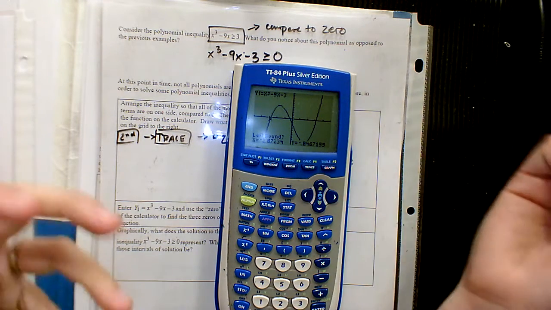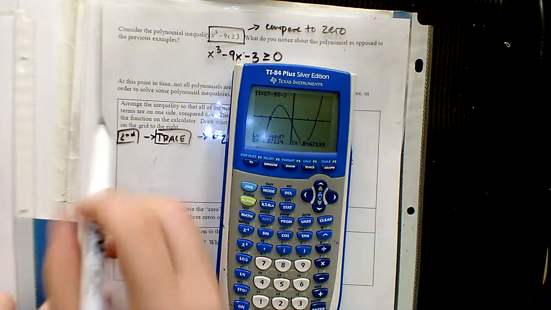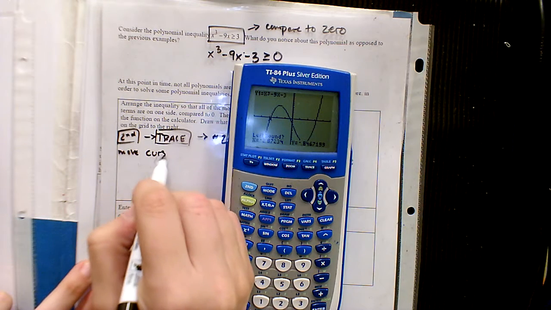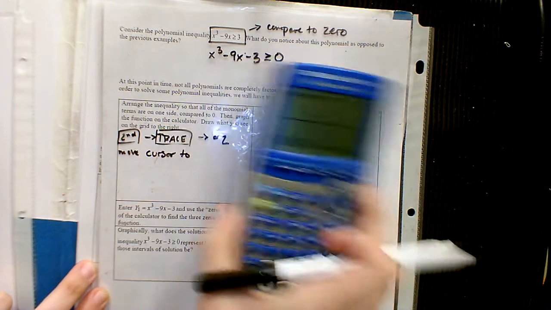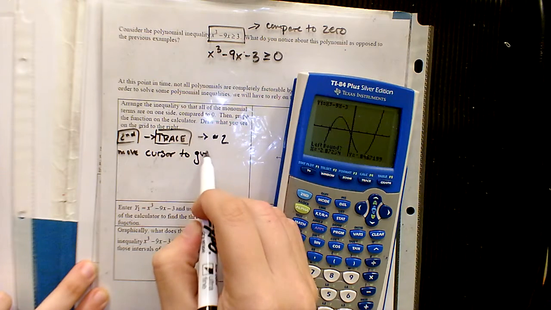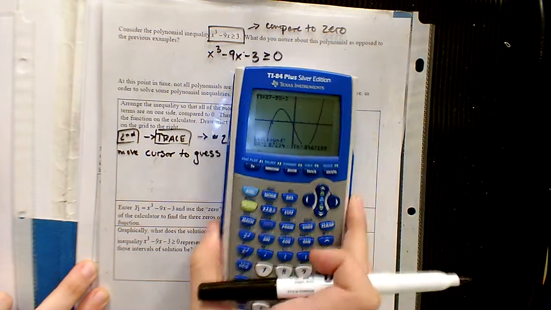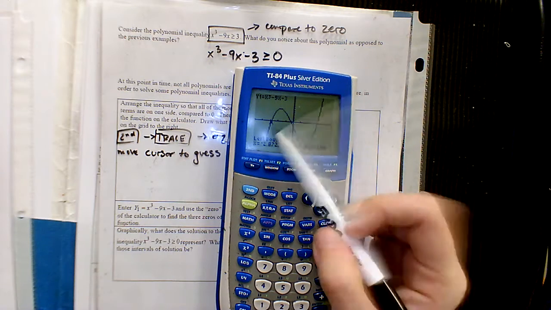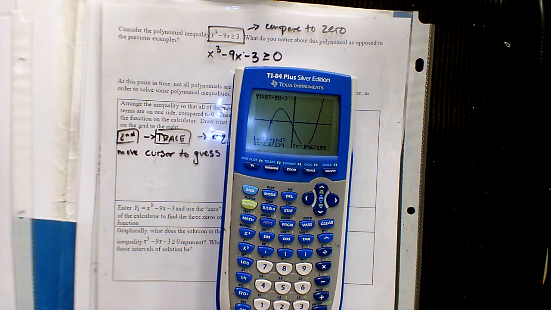So maybe we'll work left to right. Okay, so let's say we'll move the cursor to our guess. Now you might not be able to put the cursor exactly on the x-intercept, but as long as you're close, that's all that really matters.